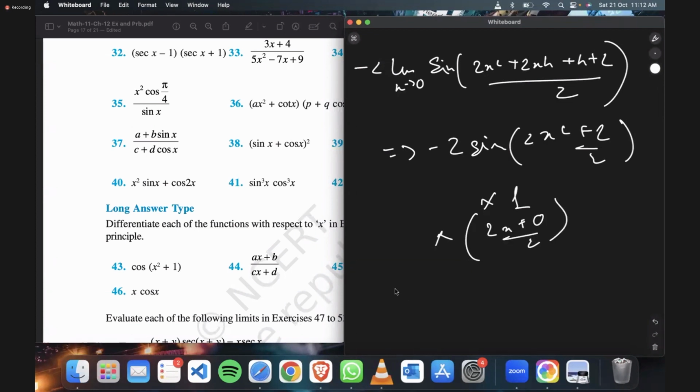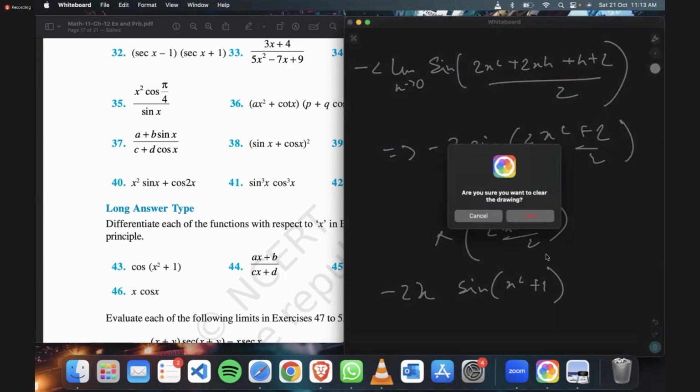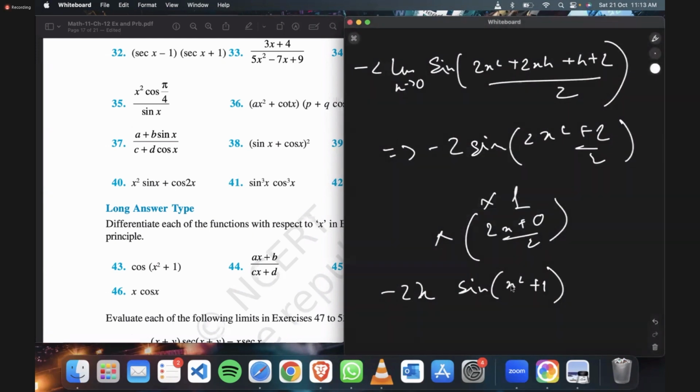So what am I going to be left with? Minus 2 times minus 2x times sine x square plus 1, so minus 2x times sine x square plus 1. So I'll be left with this: minus 2x sine x square plus 1.